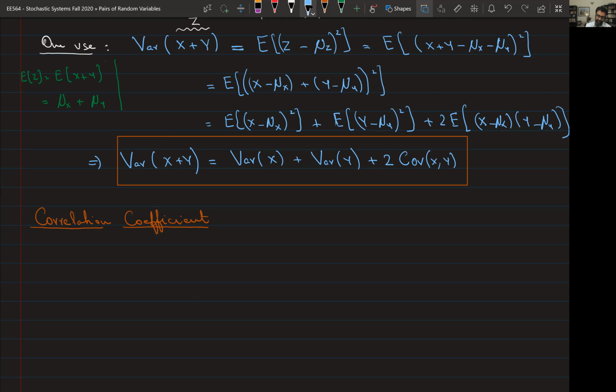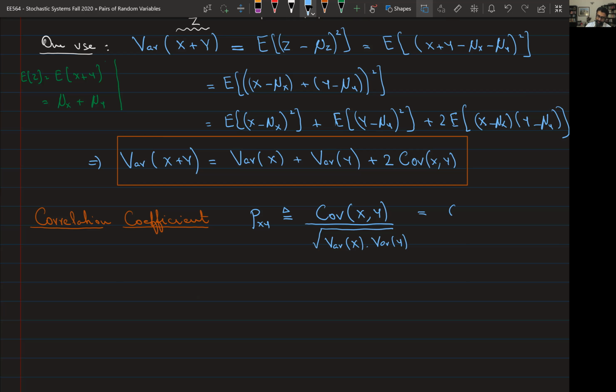So the correlation coefficient between two random variables x and y is defined as the covariance of x and y divided by the standard deviation of x multiplied with the standard deviation of y, which is basically the square root of variance of x times variance of y.